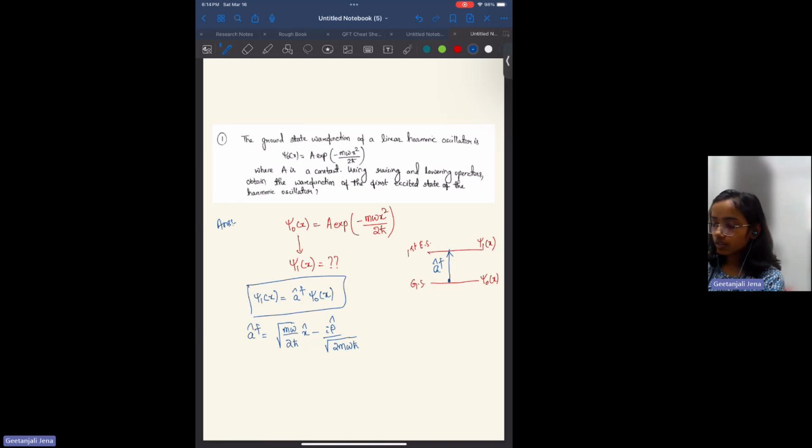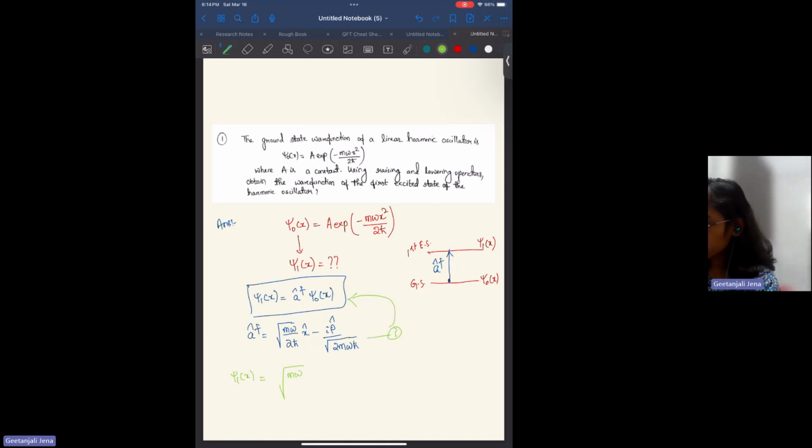This is the expression for the raising operator. So now you have to just use this expression and put it in this equation. So psi1(x) will be root over of m omega.